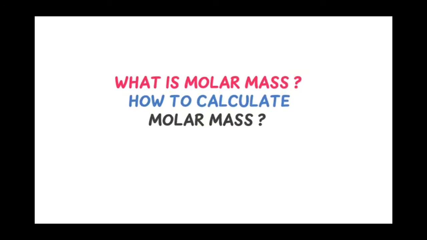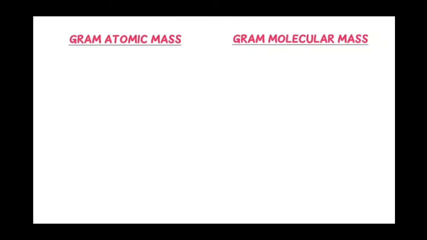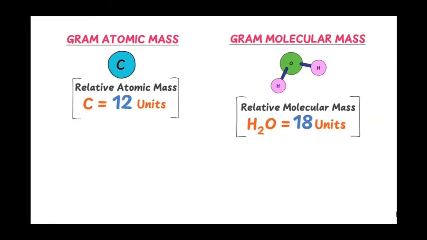Now, let's move on to the next concept, molar mass. Here, we are going to learn what is molar mass and how to calculate molar mass. First, let's learn about gram atomic mass and gram molecular mass. Let's take carbon atom and water molecule.